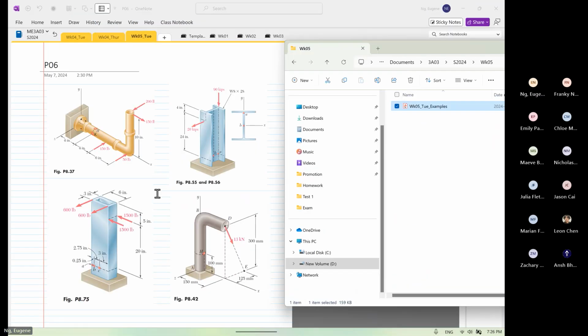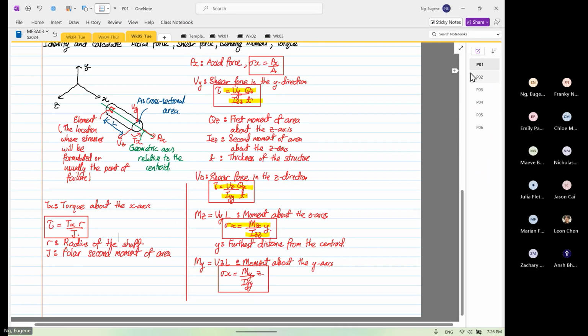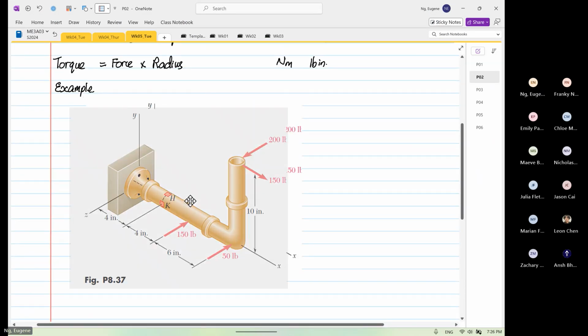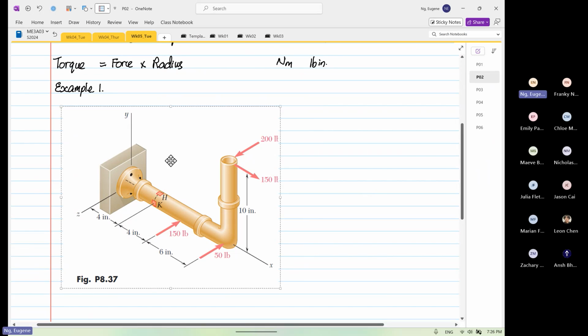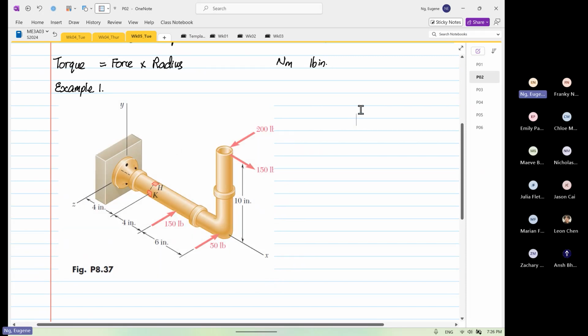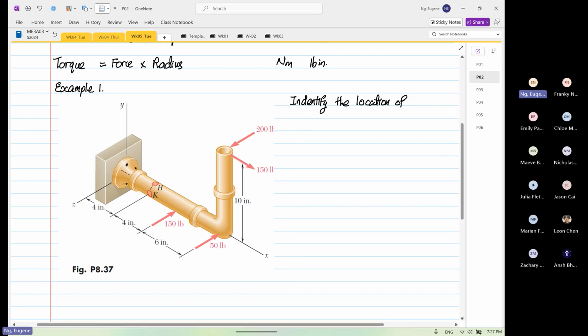Right. So we're going to do this one. Example number 1. You can roughly see from here. First thing we do is identify the location of the element.